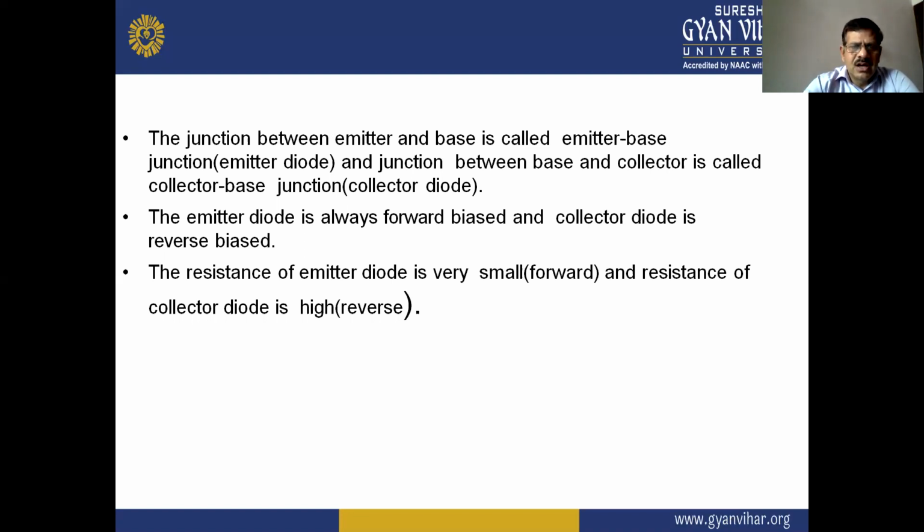Junction J1 is between emitter and base, and junction J2 is between base and collector. The emitter diode is always forward biased and the collector diode is always reverse biased, or we can say that junction J1 is always in forward bias and junction J2 is always in reverse bias.